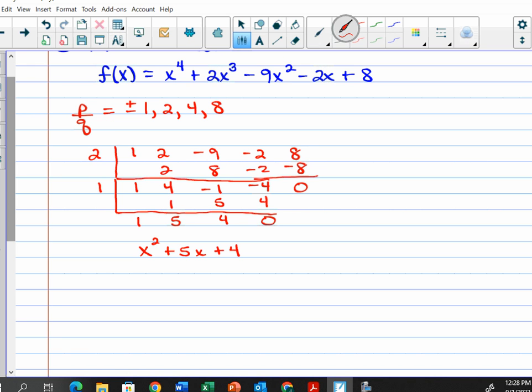We wanted to get to a quadratic, so we needed to divide again. We were at a cubic in the previous step. If you'd written this step right here, the 1, 4, -1, -4, that's x cubed plus 4x squared minus x minus 4. And a lot of your cubics won't factor, so you want to keep going to try to get to a quadratic.